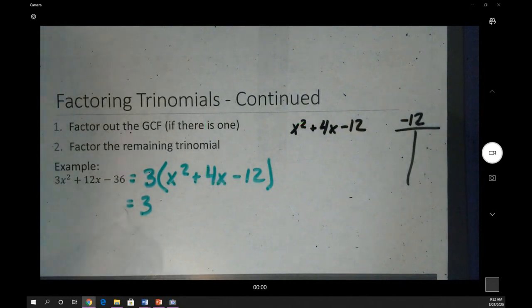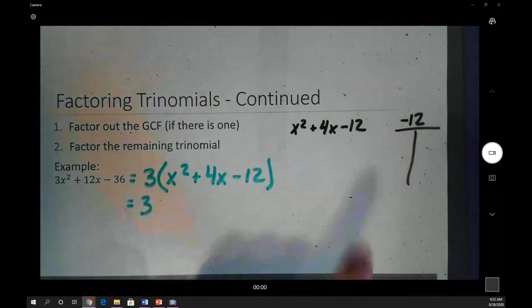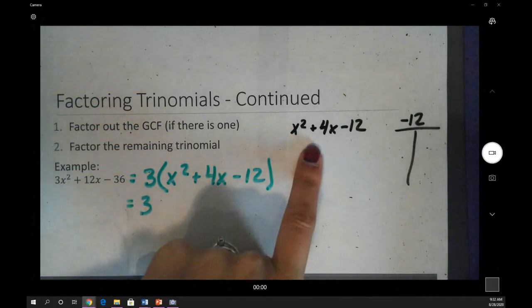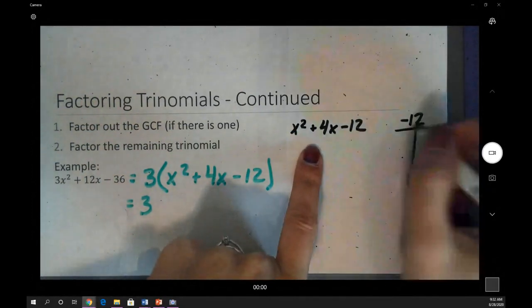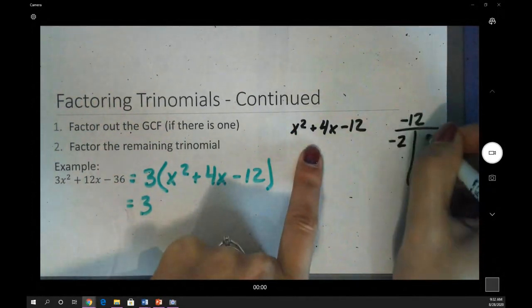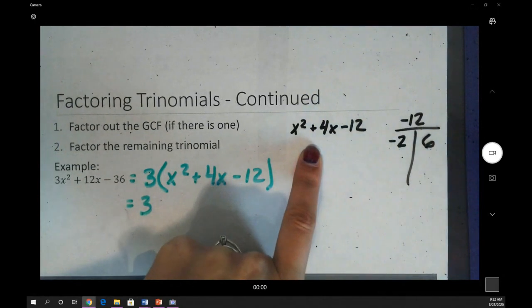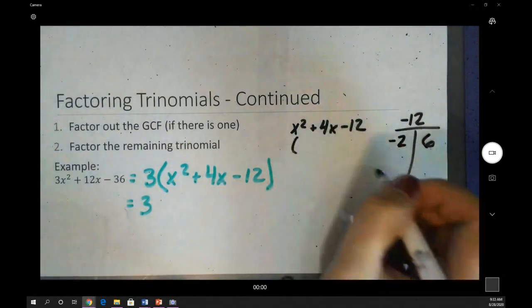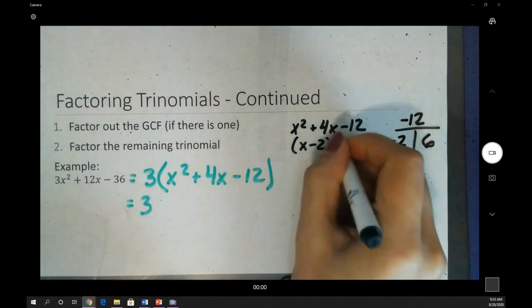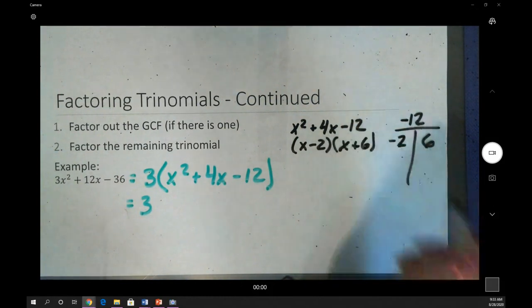So I'm not going to worry about writing all the pairs. I just need to find the pair that I want. I'm thinking 2 and 6 are going to be important. Since I'm looking for a positive 4, I'm going to want a negative 2 and a positive 6. So this is going to factor into x minus 2 times x plus 6.